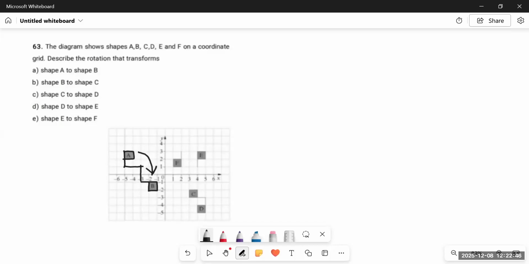Okay. And this works as the center. So the center is minus 3, comma 1. With center minus 3, comma 1, it's a 90-degree clockwise rotation. Right?